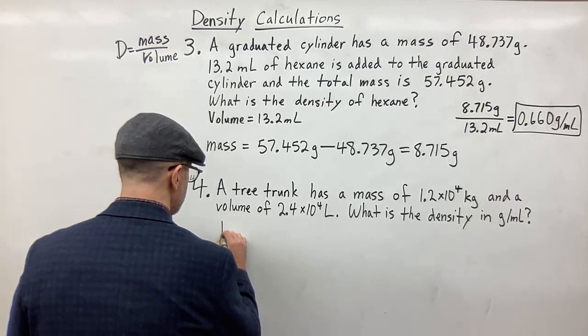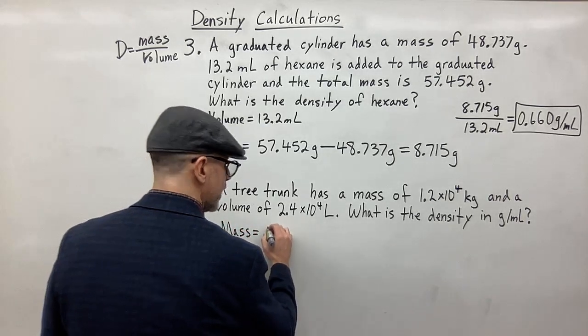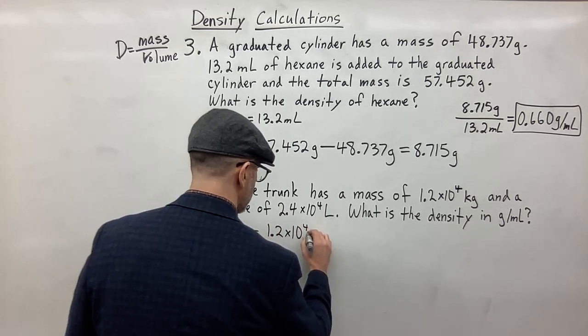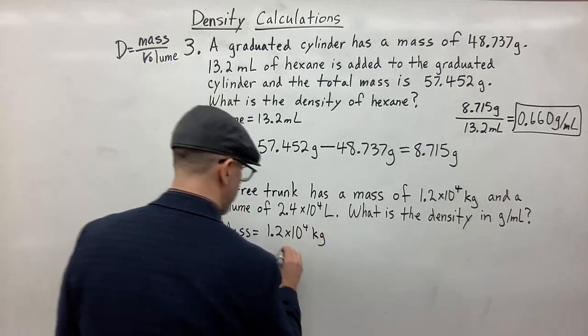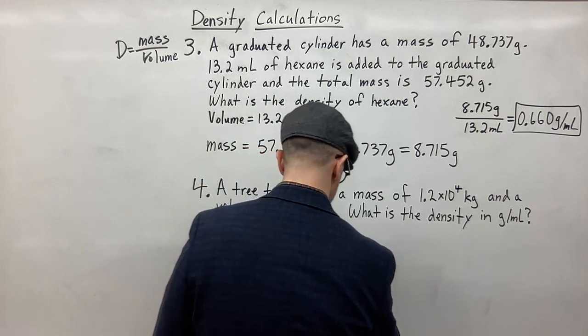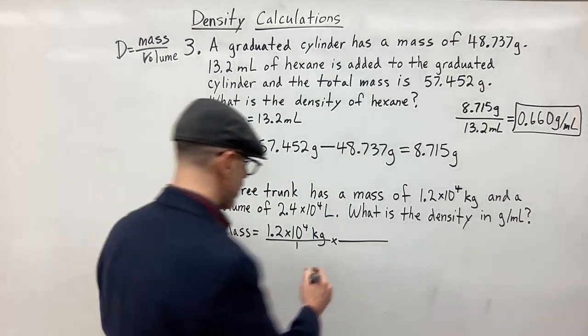So here, for the mass, I'm going to take the 1.2 times 10 to the 4th kilograms, and I'm going to use the 1 kilogram is equal to 1,000 grams.